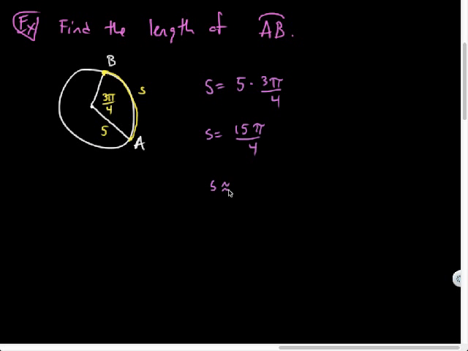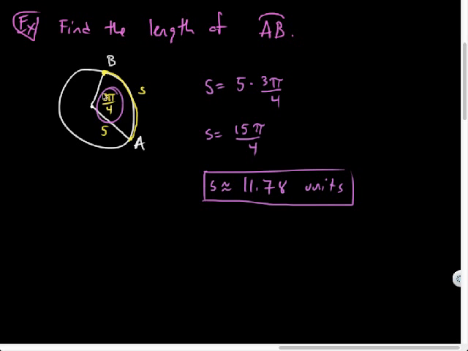That doesn't make as much sense to us as a decimal would in this case. So 15 times pi divided by 4, I get 11.78 units when I round. So it's kind of neat having such a simple formula to calculate the length of an arc.